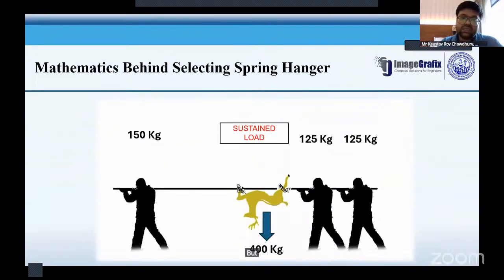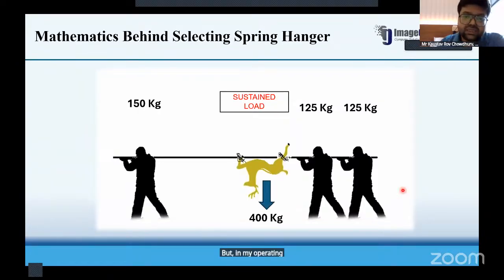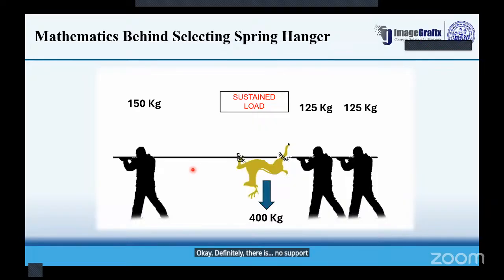But in my operating condition, let's say my pipe lifts off, and in such a condition there is definitely no support in this particular location.